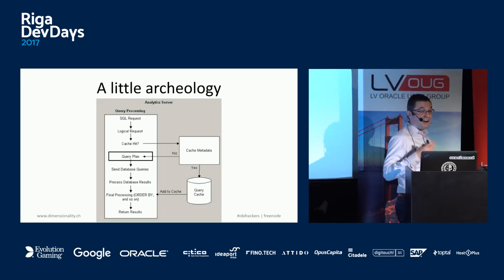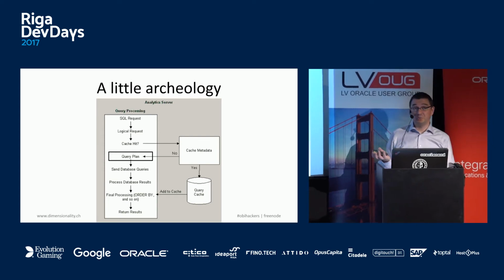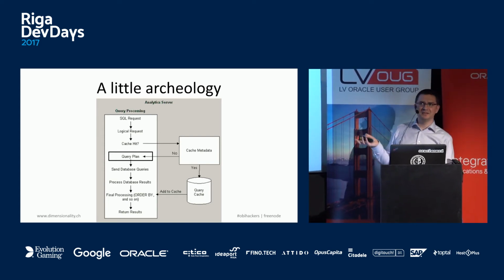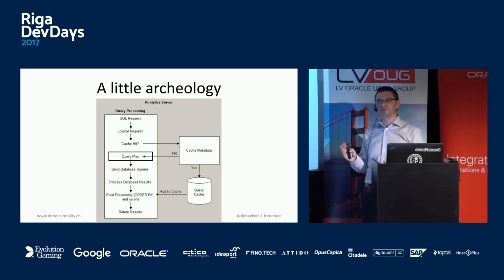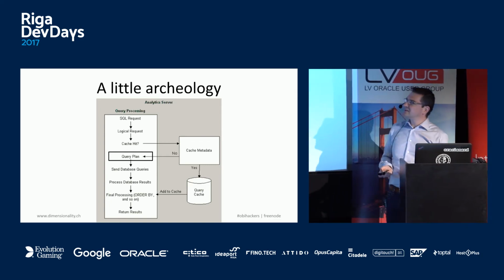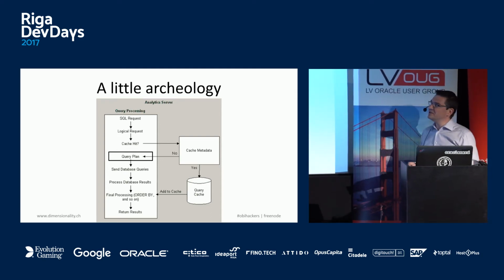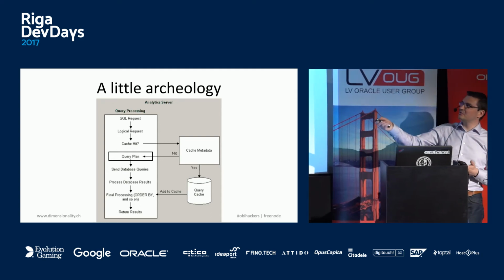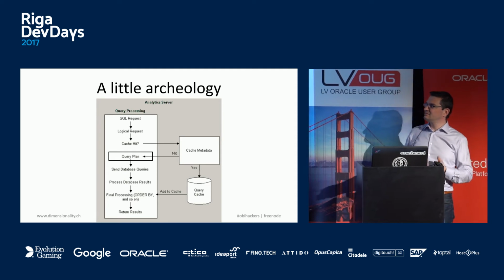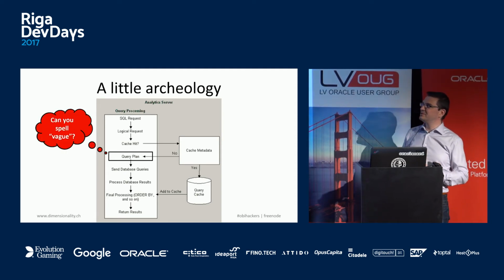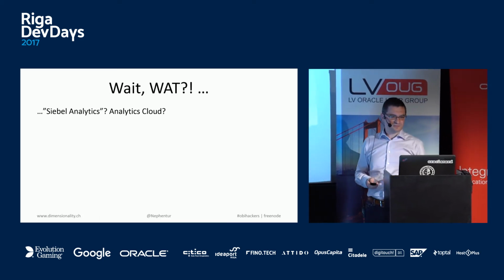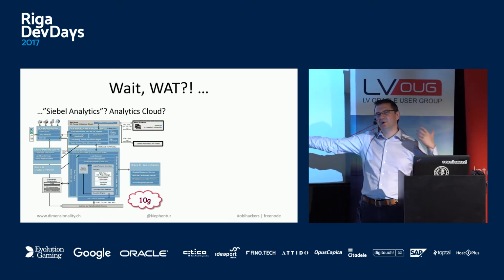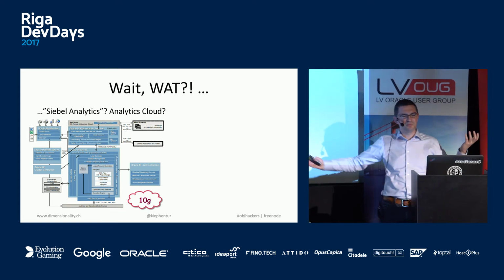A little archaeology: I found this one in a Siebel 7.7 documentation from around 2004, 2005. It's a bit more detailed, but we're still just talking about requests and a query plan. Well, that's vague. So, Siebel Analytics to Cloud, there's like 15 years between those 2 products.